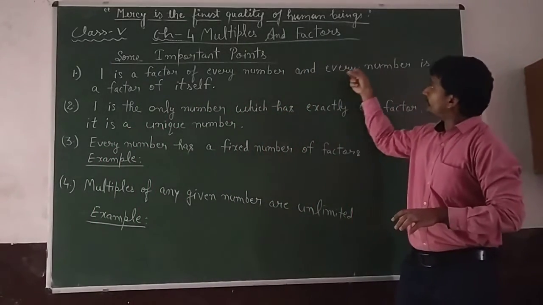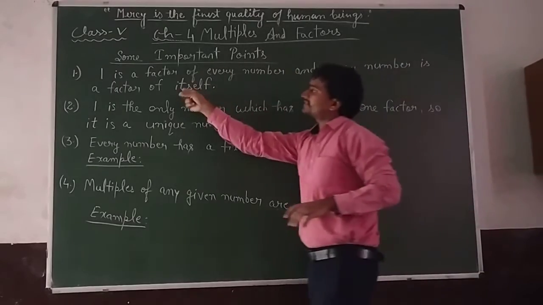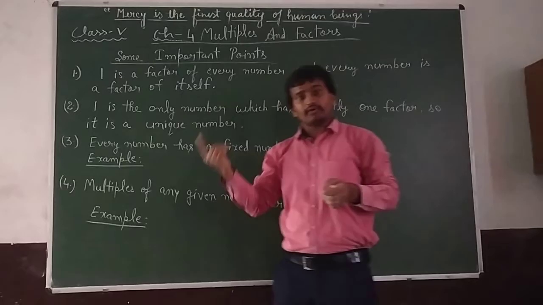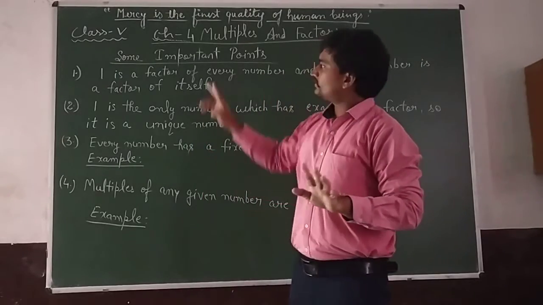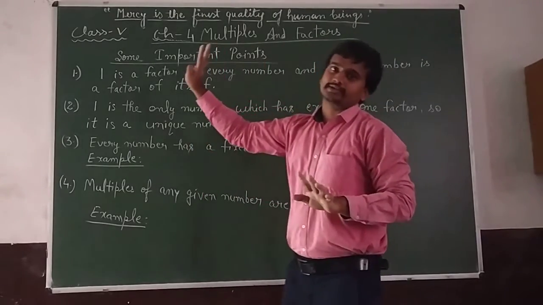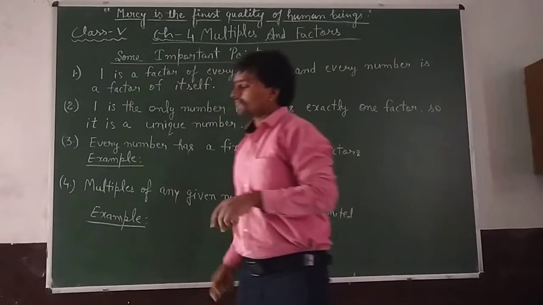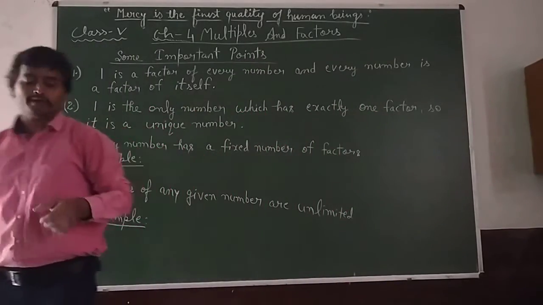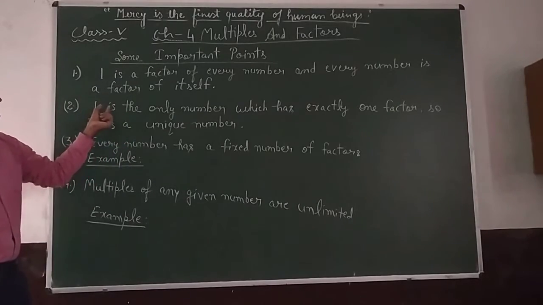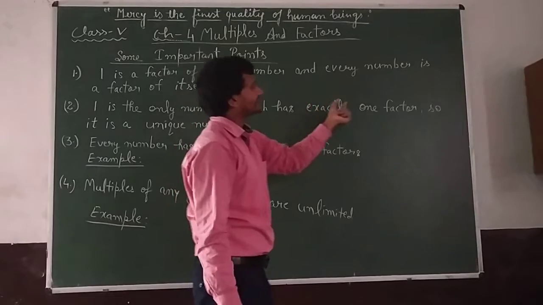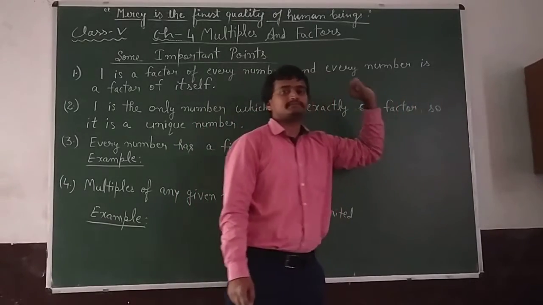And every number is a factor of itself because every number is divisible by 1 and itself. So these are the fixed factors. These are compulsory factors.